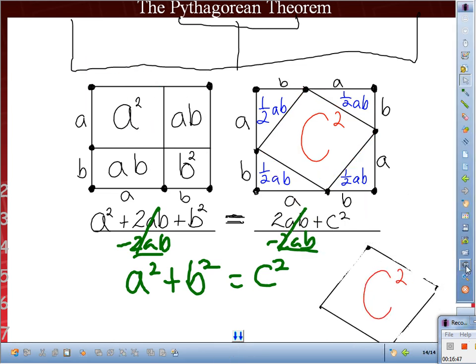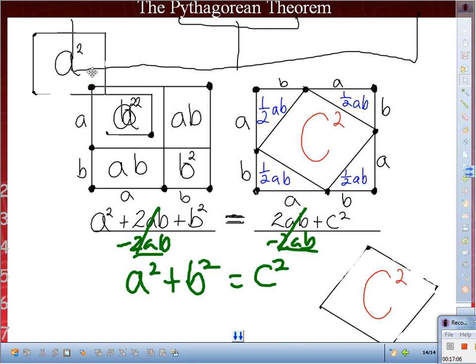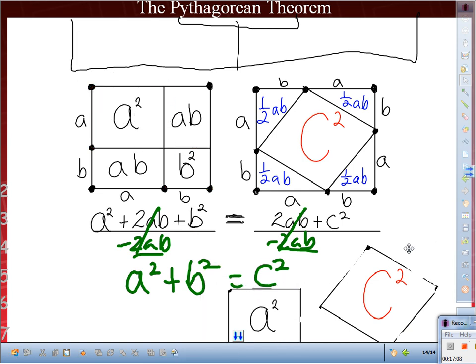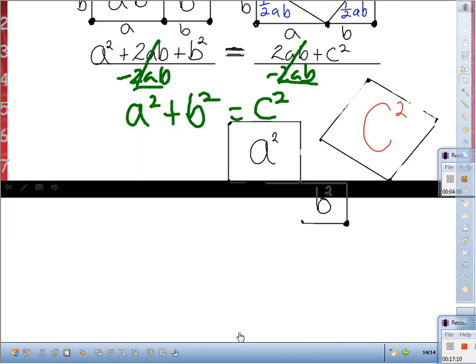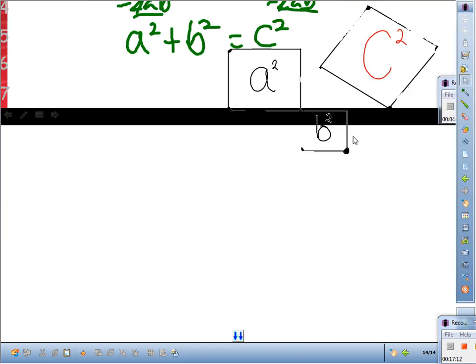there it is. What did I take out from this side? The 2ab, this ab and this ab, yes? And I'm left with this square and this square. So what does that leave us?